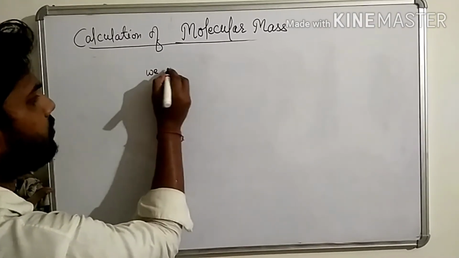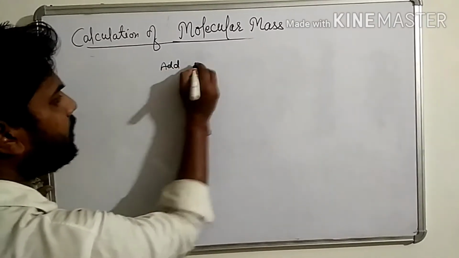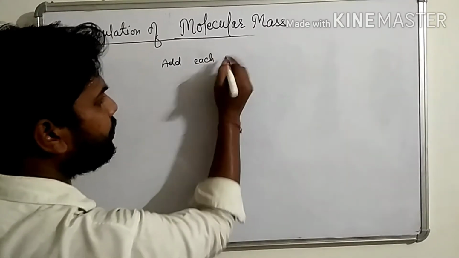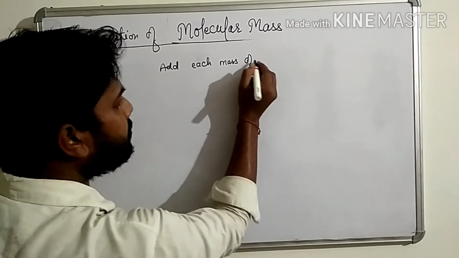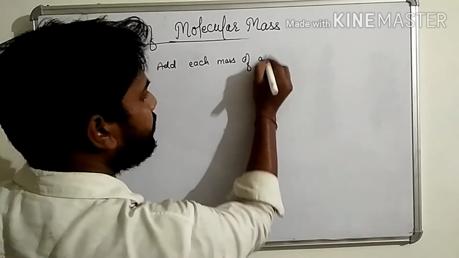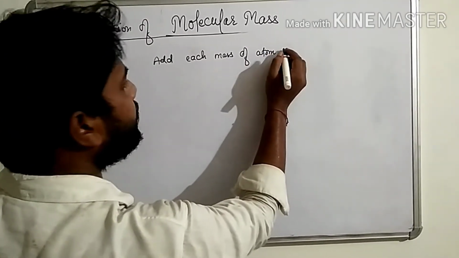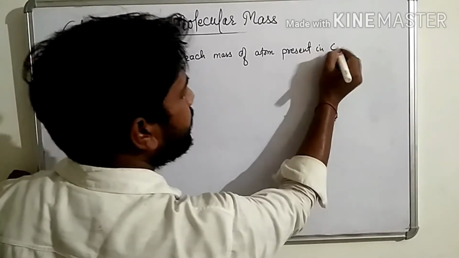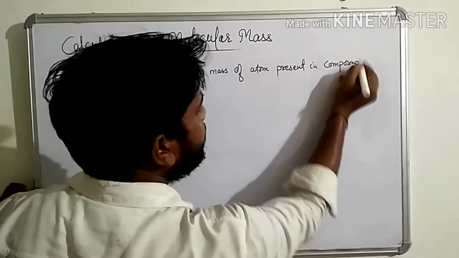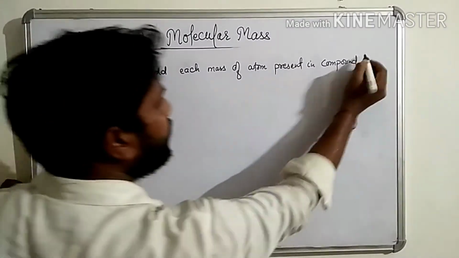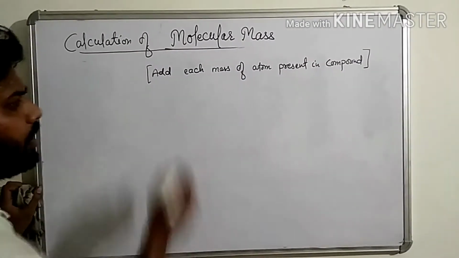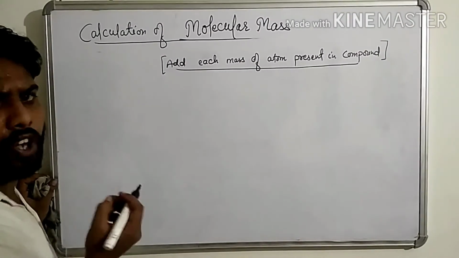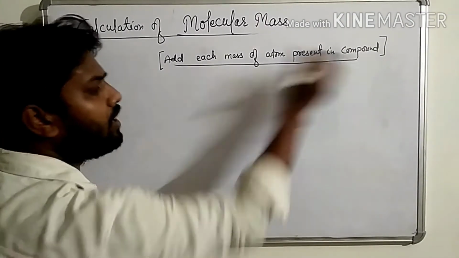We have to add the mass of each atom present in the compound. This is the process we have to follow. We have to add the mass of each atom which is present in the compound.